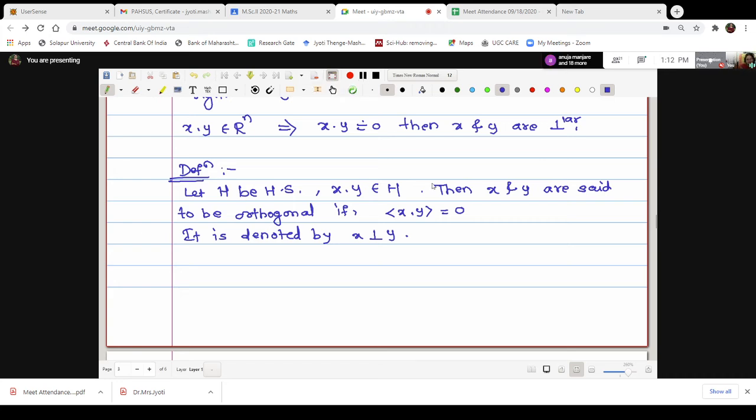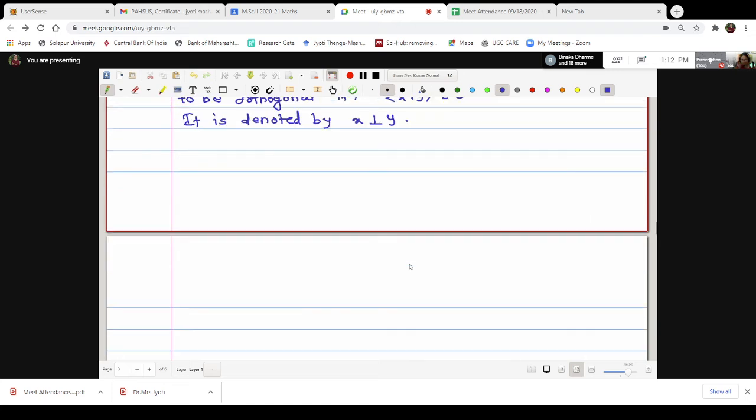Dot product is 0, it means that cosine value is 0. Cos theta will be 0, and we know cos theta is 0 only if the angle is 90 degrees. That's why. And the same is being generalized in the Hilbert spaces. Instead of dot product 0, now we are writing inner product is 0.